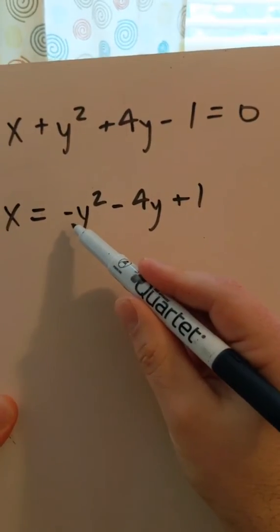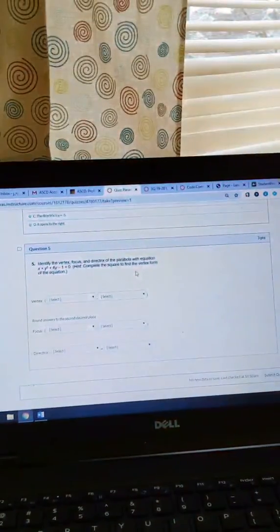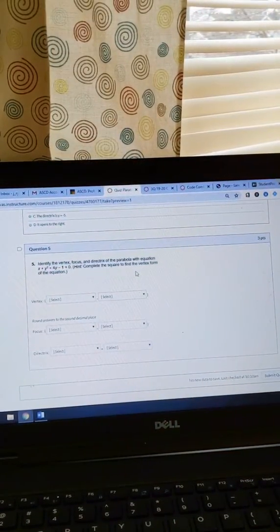Okay, next what we need to do is factor out this -1 from these two terms and put our blanks. So we get x equals -1 times (y squared plus 4y plus blank). We still have our +1. And then the opposite of the -1 factor would be a +1 factor times the blank.